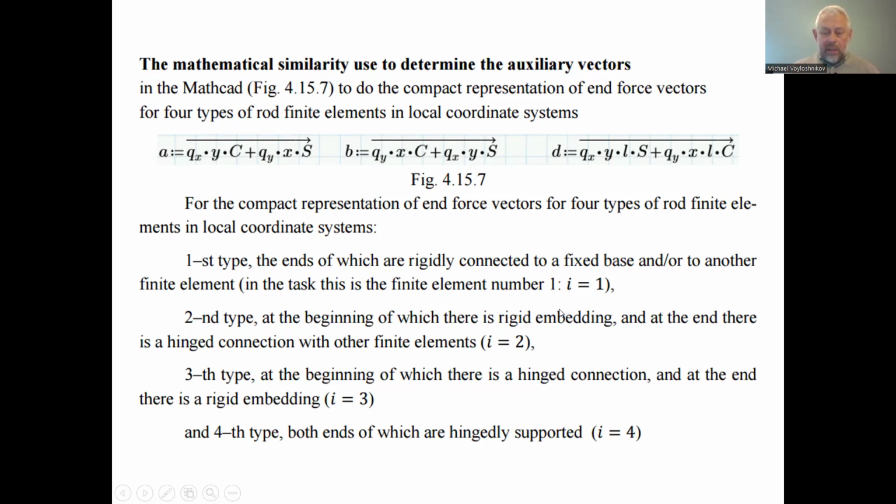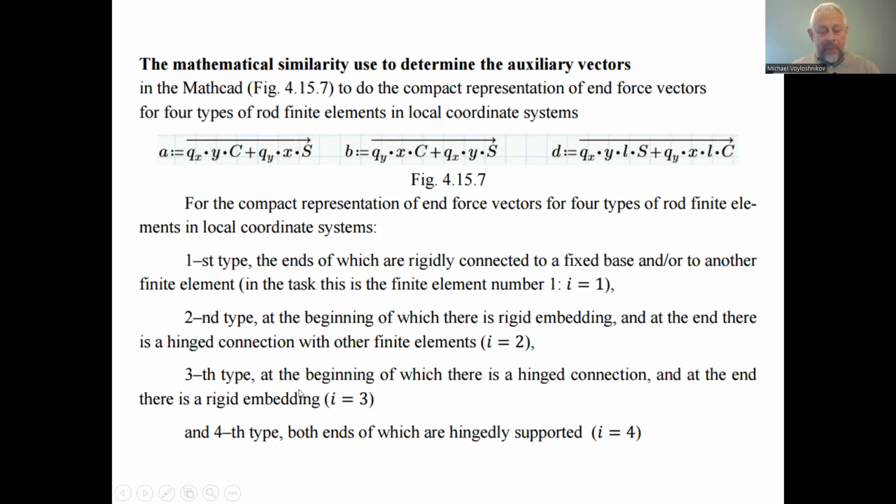Finite element number I is, let me remind, for the finite element of the first type, between node 1 and node 2, the vertical stand, I equals 1. The second type is the finite element embedded at the left end and hingedly connected at the second end. We indicate I equal to 2, and the type of the second element is second.